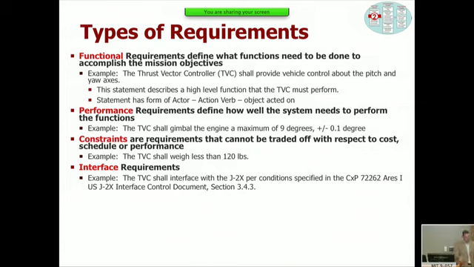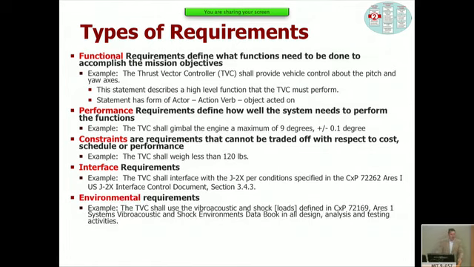So whatever you do, however you design your thrust vector controller, it must be able to interface with the J2X engine according to conditions specified in this interface control document. So this is called an interface requirement.